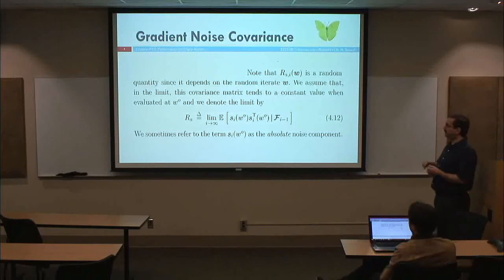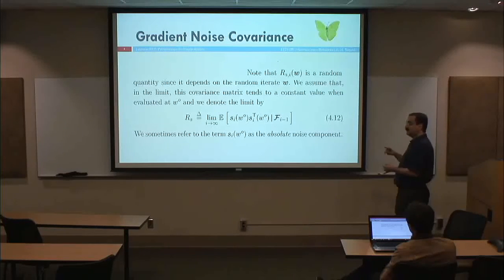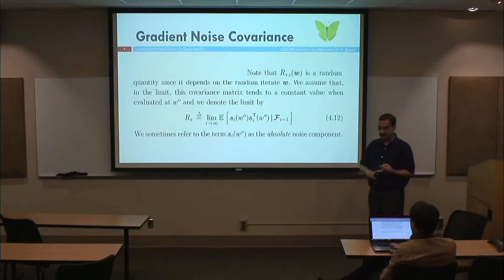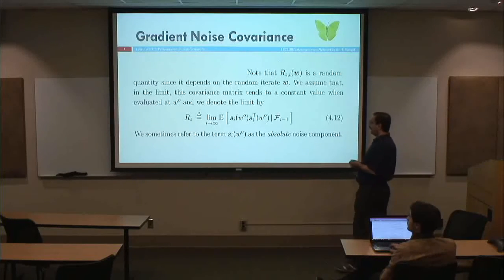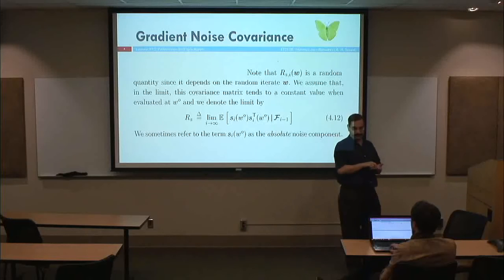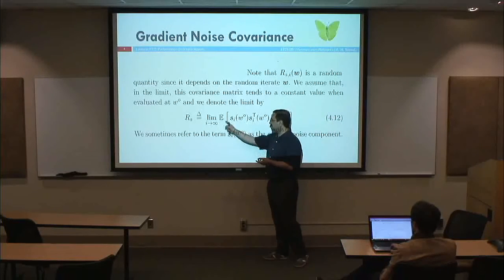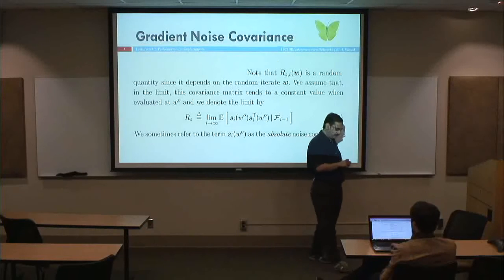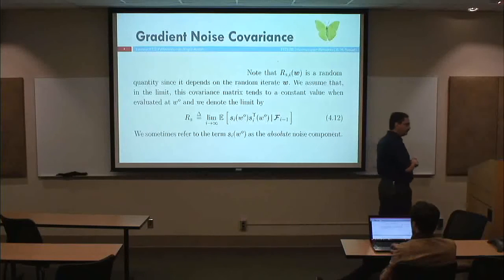I showed you that in the quadratic case this happens. I showed you, for example, in the logistic regression case, this happens. If you compute the covariance of the gradient noise at w star, you will still get gradient noise present in the problem, and the covariance matrix will indeed, under this definition, go to a constant value R sub S, and I told you what this value is.